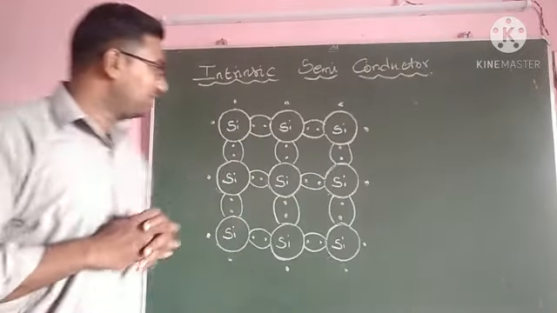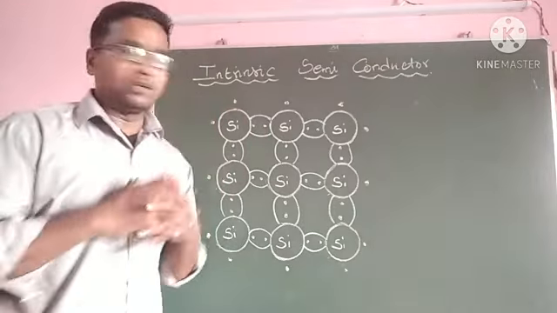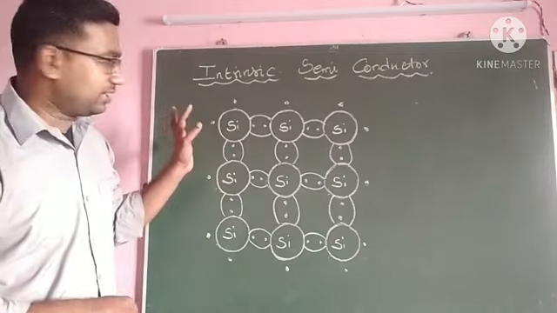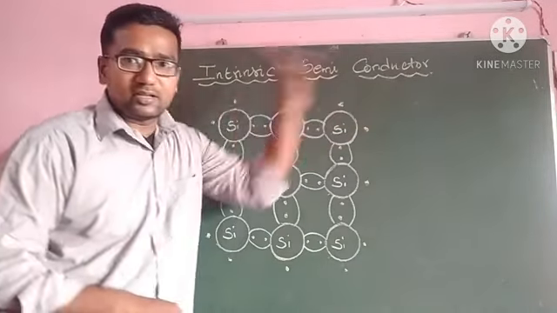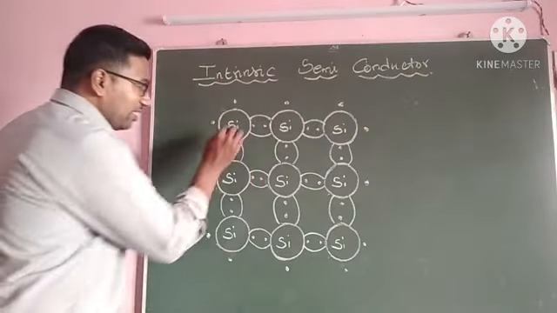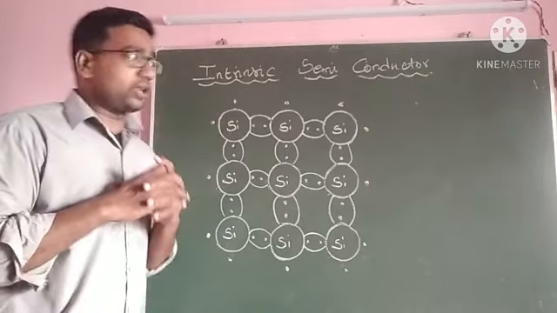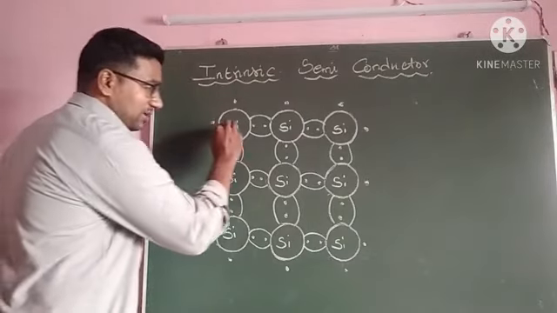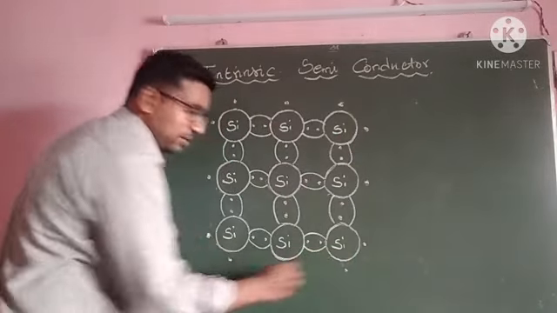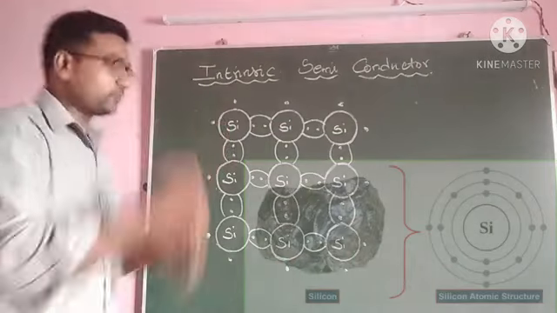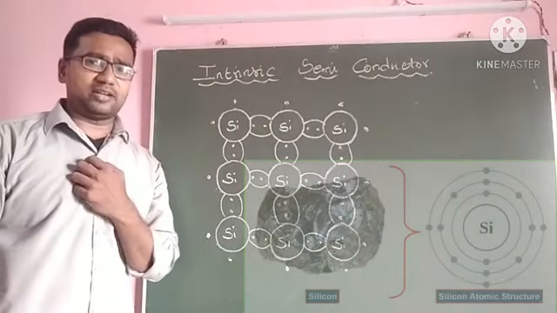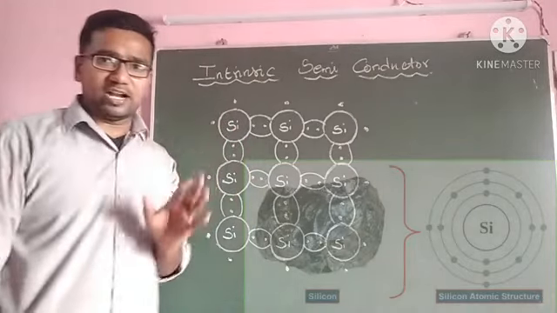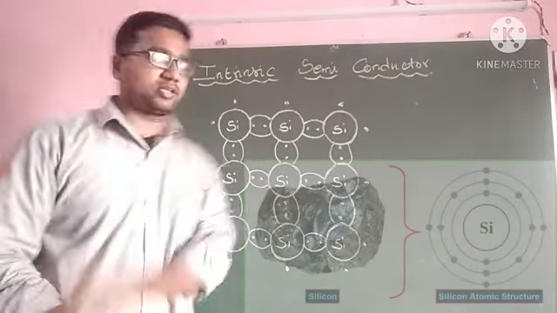Let me consider a solid bonding structure. Here I have shown the diagram of the semiconductor bonding structure. The commonly used semiconductors are germanium and silicon. Here, each silicon atom will be bonded to another silicon atom in the form of a covalent bond structure.